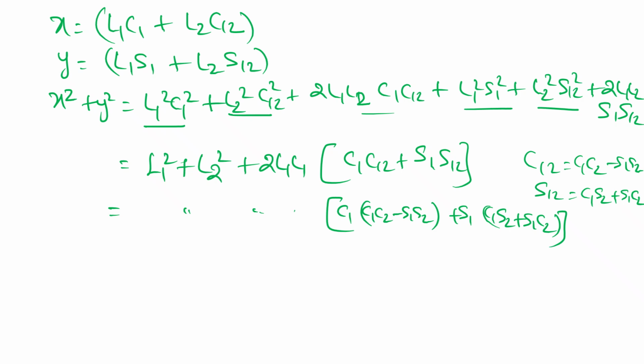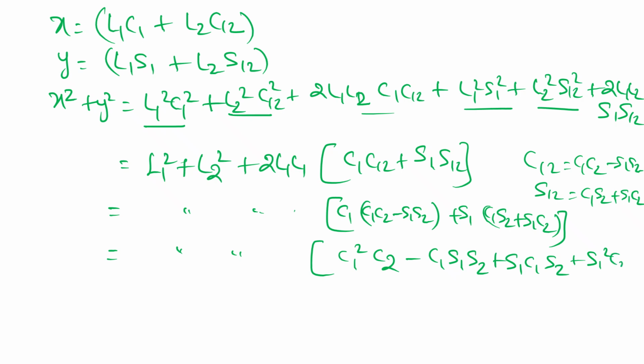Multiplying gives C1 square C2 minus C1 S1 S2, then S1 C1 S2 plus S1 square C2.